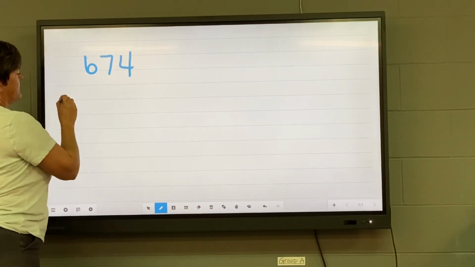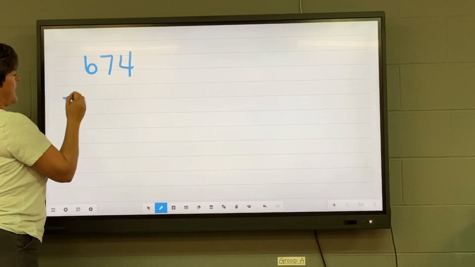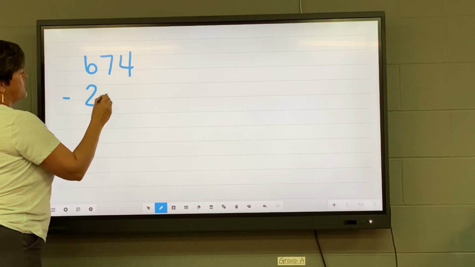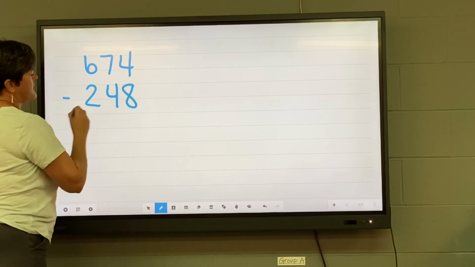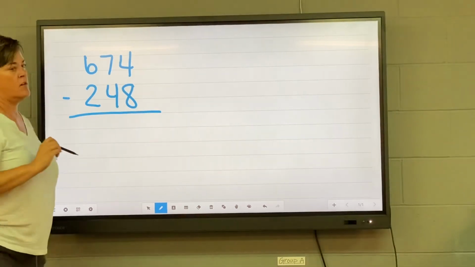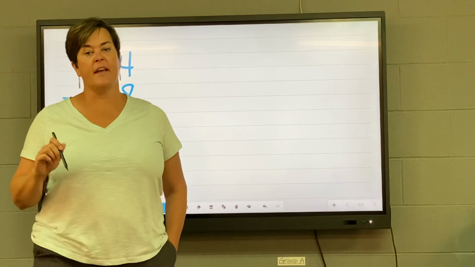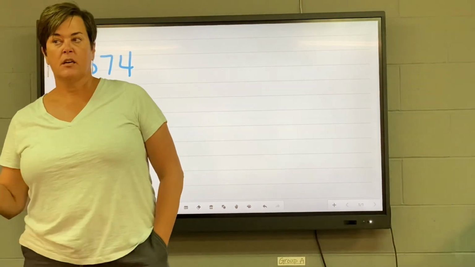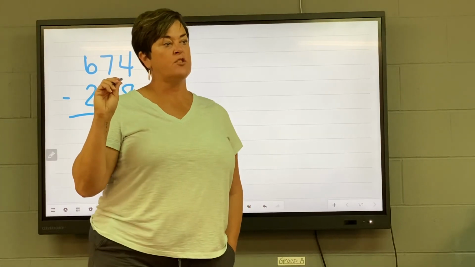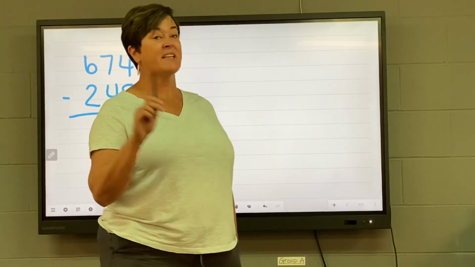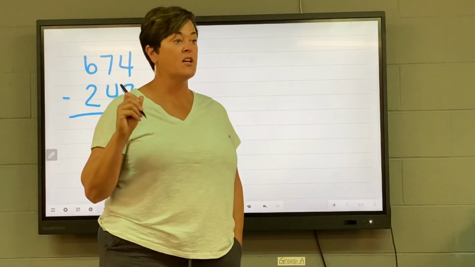Okay, so we'll start out with 674, and we're going to subtract from that 248. Okay, you and that partner, talk about whether you need to use base 10 blocks, because some friends still do.